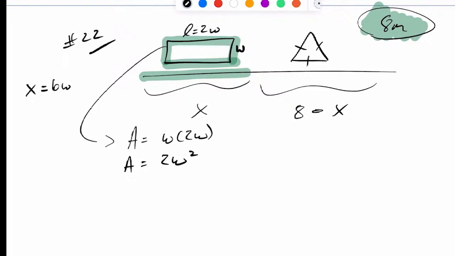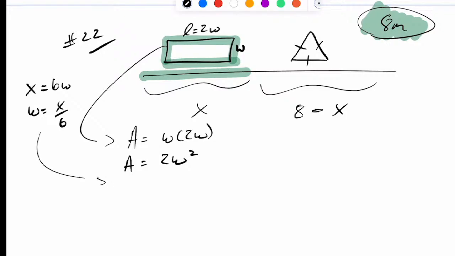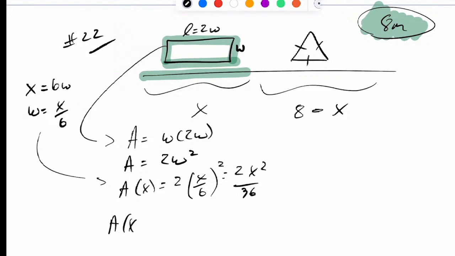This will be 6w. So w is equal to x over 6. So therefore I can substitute that into here. So I have this as a function of x is going to be 2 times x over 6 squared. So you get 2 times x squared over 36. And the area of this rectangle is x squared over 18.